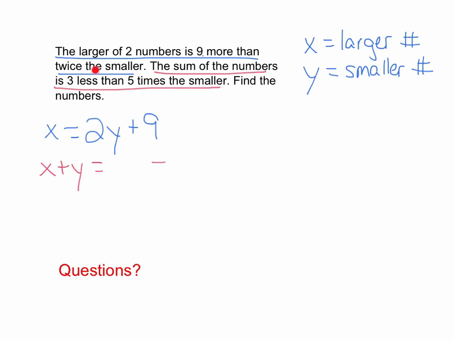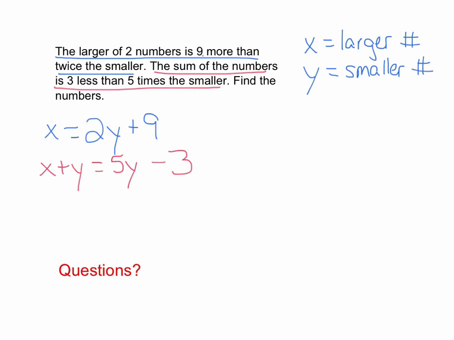Remember that? We have to flip these. So 5 times the smaller would be 5y minus 3. 3 less than that. Okay, so look at the words again. The sum of the numbers, x plus y, is, that's my equals, 3 less than, that means I have to do minus 3, 5 times the smaller, 5y.